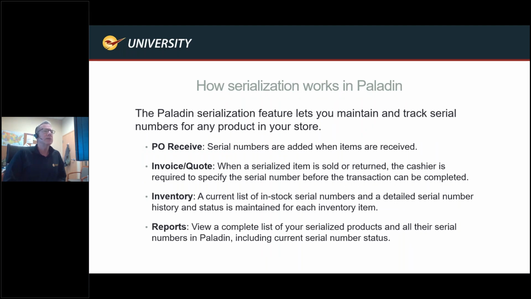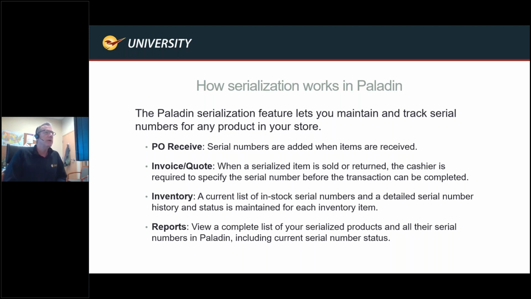All right, so how does serialization work in Paladin? Well, it lets you maintain and track serial numbers. We put a lot of effort into this feature. There are 4 areas in which you can go into Paladin, different modules, and interact with serial numbers. One is on the PO received. Serial numbers are added when items are received. So when you're receiving items, it will request that you put serial numbers in if you've earmarked or identified an item as a serialized item.